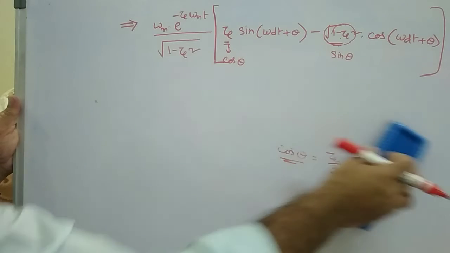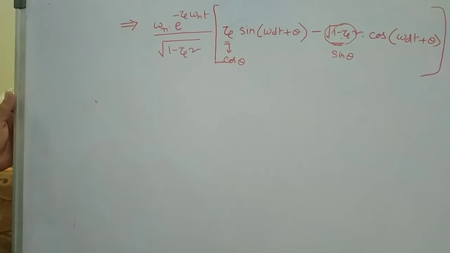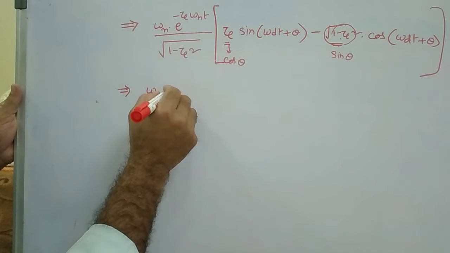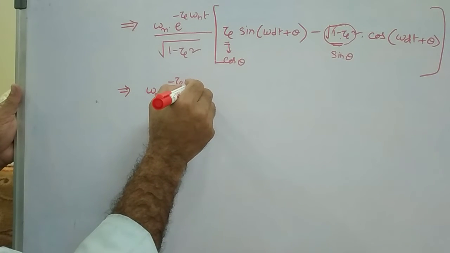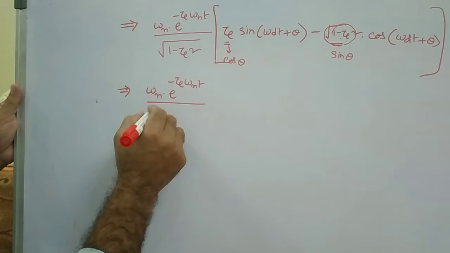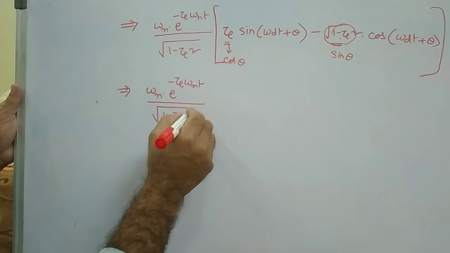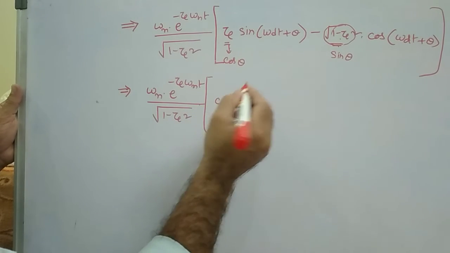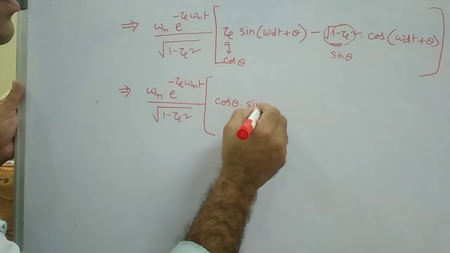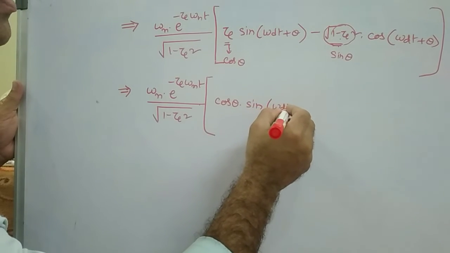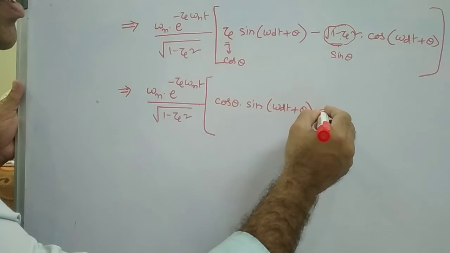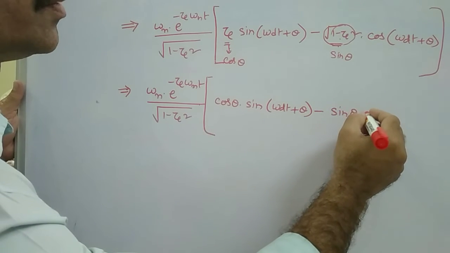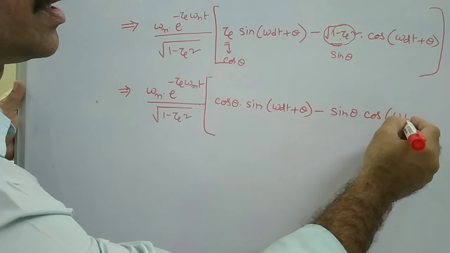So in the second expression, this implies omega n e power minus zeta omega n into t under square root of 1 minus zeta square, into zeta, which equals cos theta from the right angle triangle, sin of omega dt plus theta, nothing will change, minus, and then this becomes your sin theta into cos of omega dt plus theta.